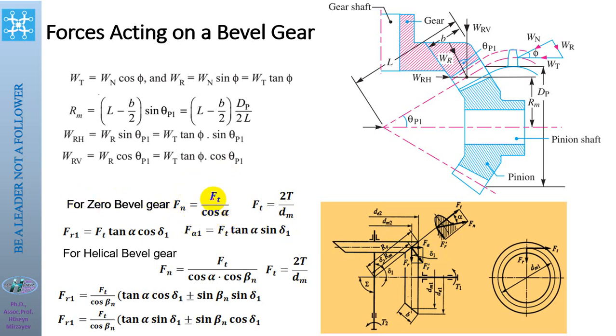The normal force is calculated as tangential force divided by cosine alpha.